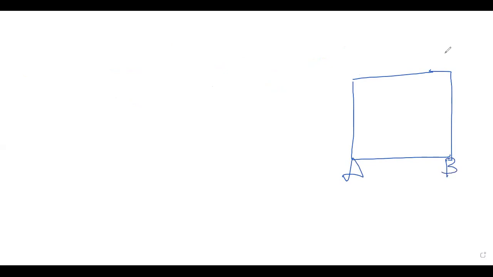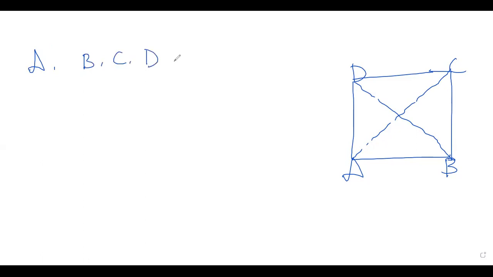Name it as ABCD. And I'll join AC and BD, right? Which are the sides here? Before that, I will write the points called vertices. Which are the vertices here? So ABCD is the quadrilateral. Point A, point B, point C. These are called vertices.